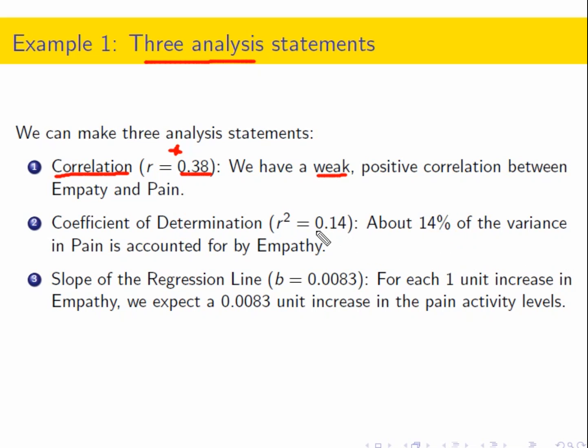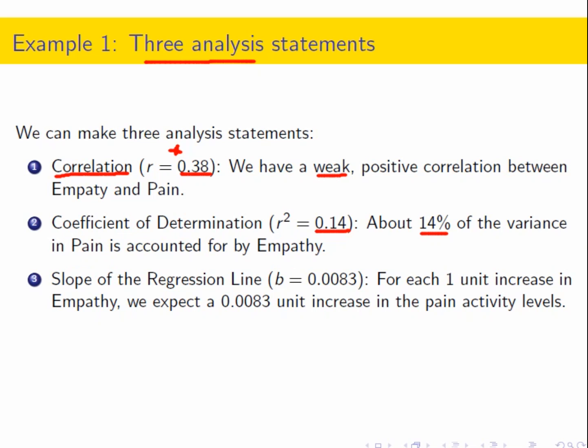Well, we take the R squared value, convert it to a whole number percent, and that's the amount of variance in the Y variable that's accounted for by the x variable. Okay, so we're saying that 14% of the variance in y is accounted for by x. And in this case, we've inserted the variable name. So we're saying that 14% of the variance in pain, or the pain activity levels, is accounted for by the empathy score.